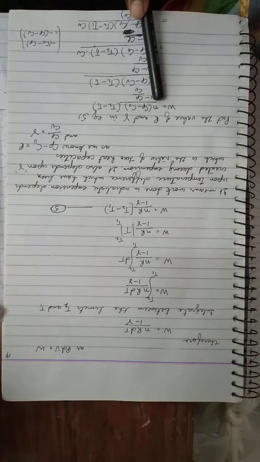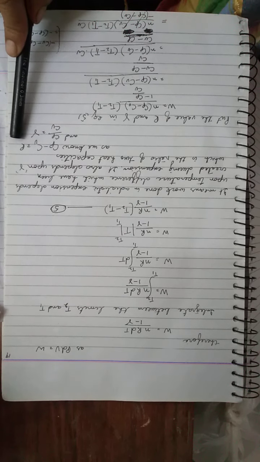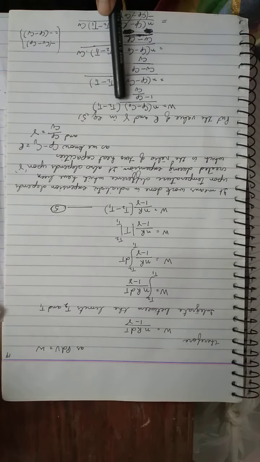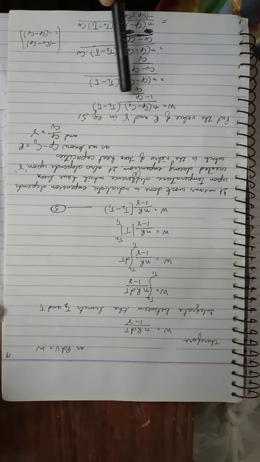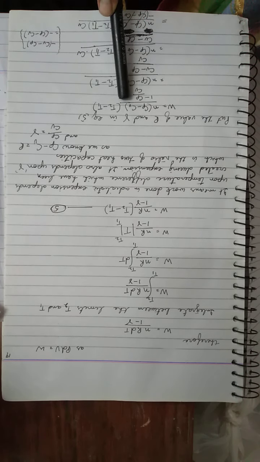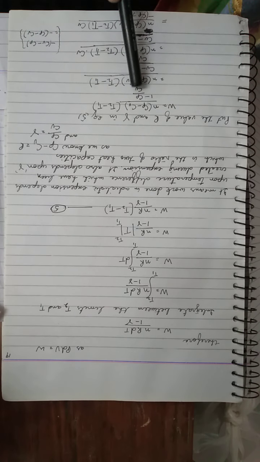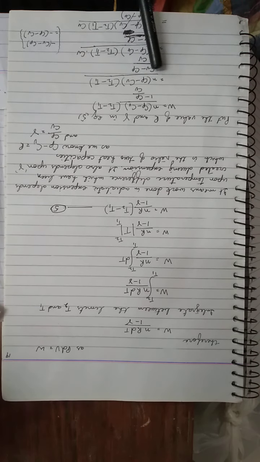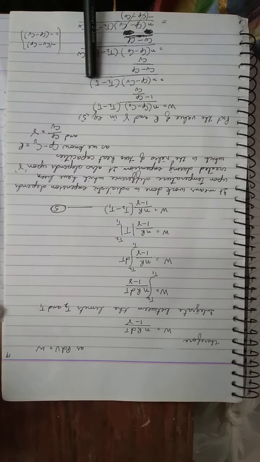W is equal to n. Write Cp minus Cv instead of R. n into Cp minus Cv into T2 minus T1 divided by, instead of gamma, write Cp by Cv, 1 minus Cp by Cv. This is equal to n into Cp minus Cv into T2 minus T1.